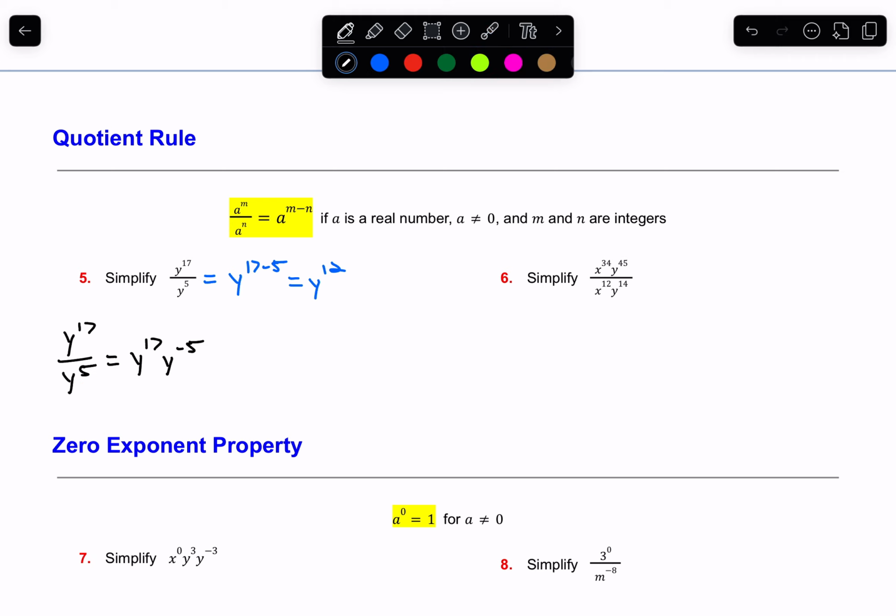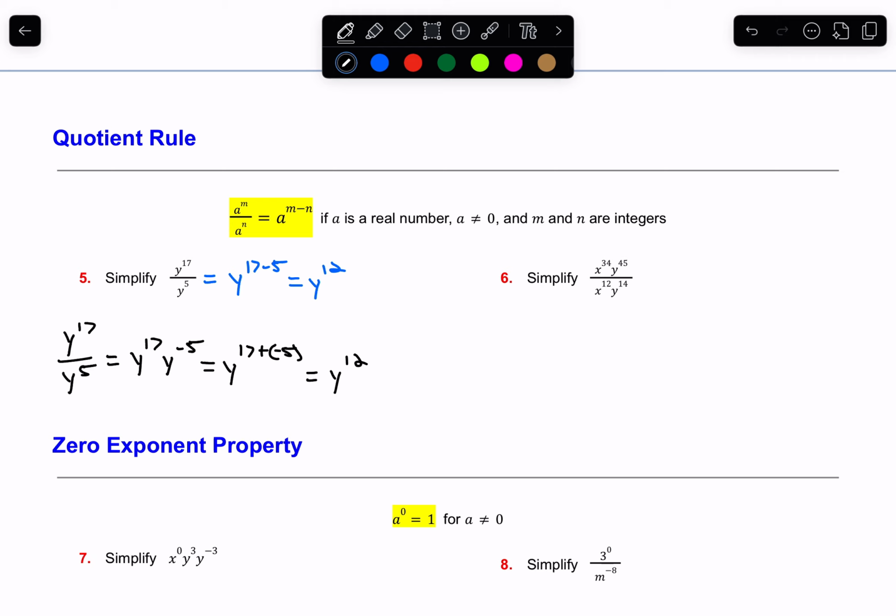And then now the product rule allows us to add together y to the 17 and y to the negative 5, is y to the 17 plus negative 5. We add those exponents and we get y to the 12, which notice is the same answer we had above. But we don't want to have to move this y to the 5 up and then add them together. We would much rather just subtract them from the beginning because we know this 5 will become negative when it comes up. So we can just do subtraction from the beginning.